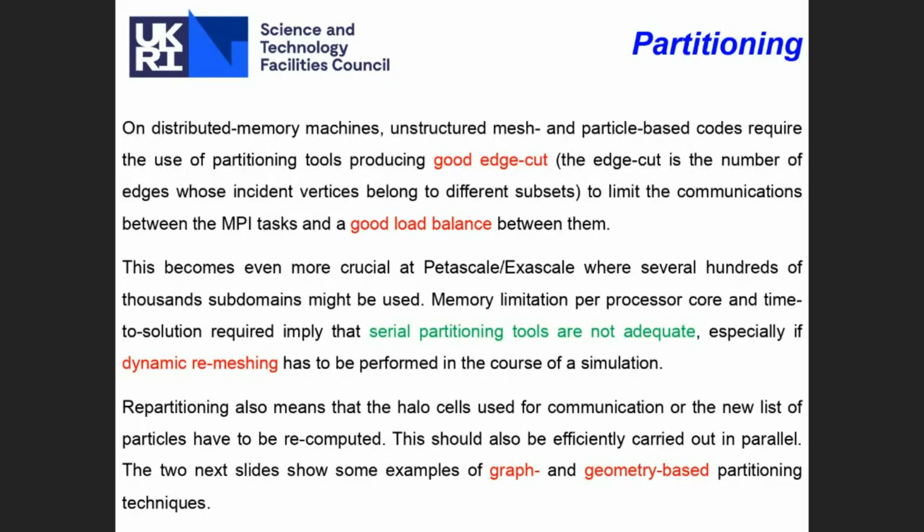You basically extract the graph of the mesh, and what you want to do is distribute the load evenly per processor, but you also want to reduce the communication between processors, because this communication can really damage the performance of the simulation.